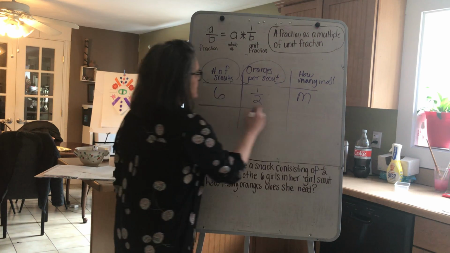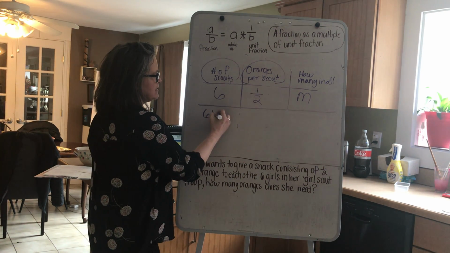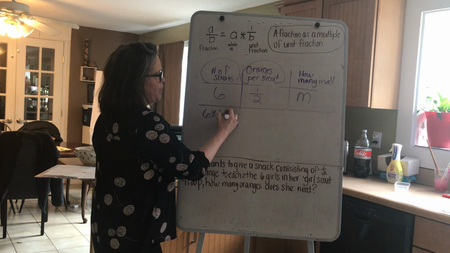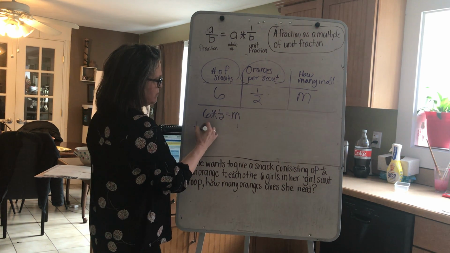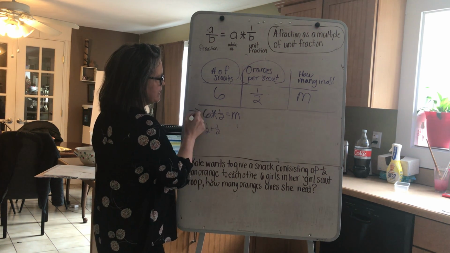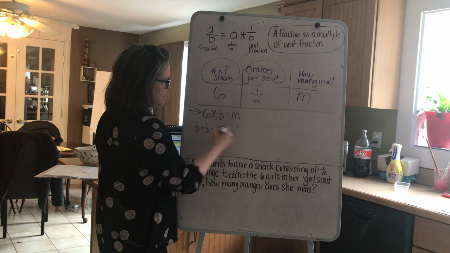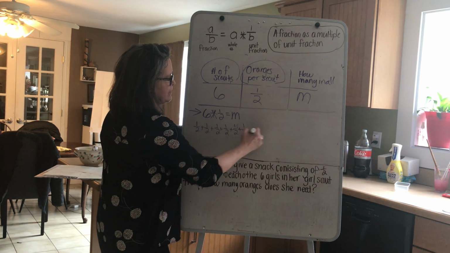So if I was writing an equation with the unknown, I'm going to show 6 times 1/2 equals m. Or you could write out the addition, but I think we can all agree that this way is going to get you there a lot quicker. 1, 2, 3, 4, 5, and 6.